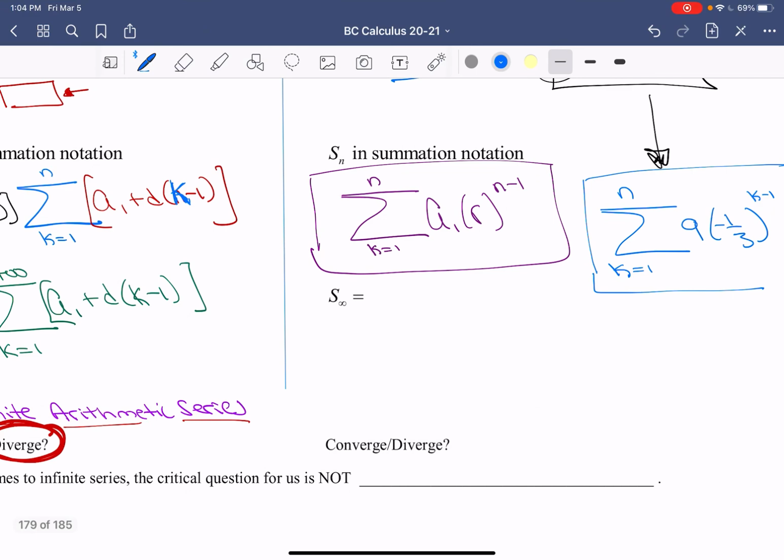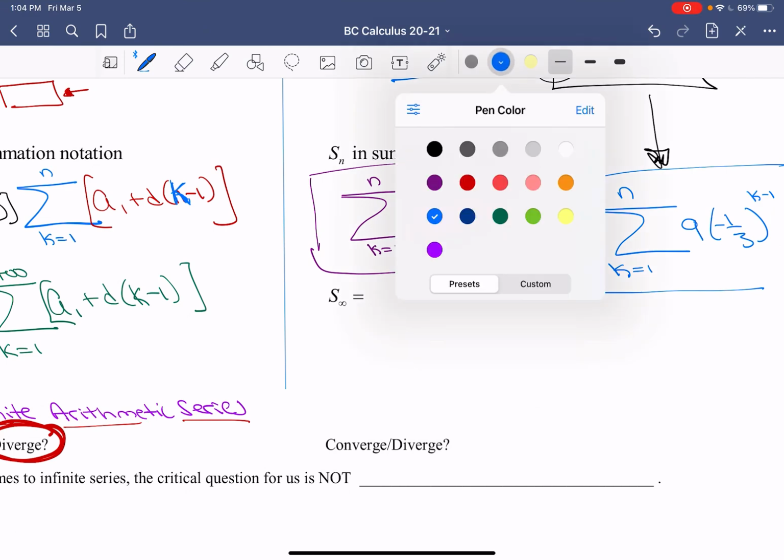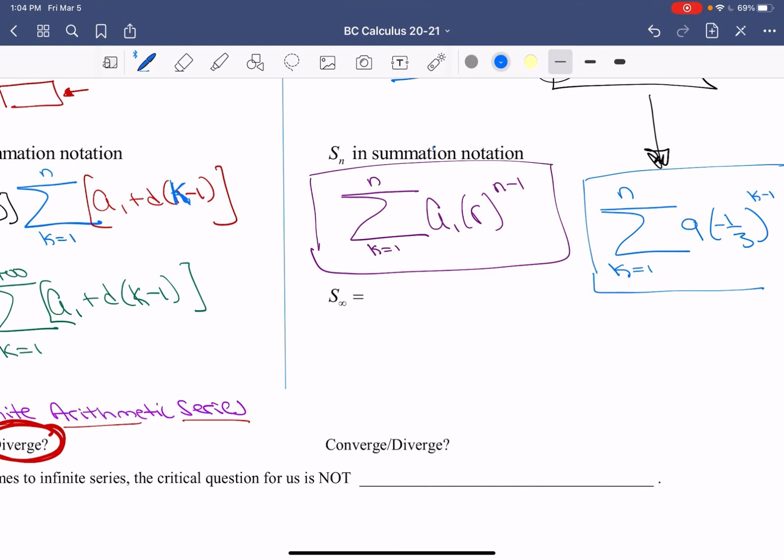And then just like before, the summation of infinite terms in a geometric series, the only change here would be this: summation from k equals 1 to positive infinity of a sub 1 times r to the k minus 1.